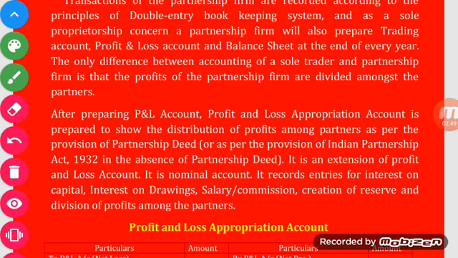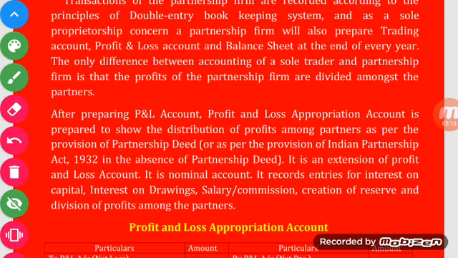Listen, important point. After preparing the profit and loss account, the profit and loss appropriation account is prepared to show the distribution of profits and losses among the partners as per the provisions of the partnership deed, or as per the provisions of the Indian Partnership Act 1932 in the absence of a partnership deed.